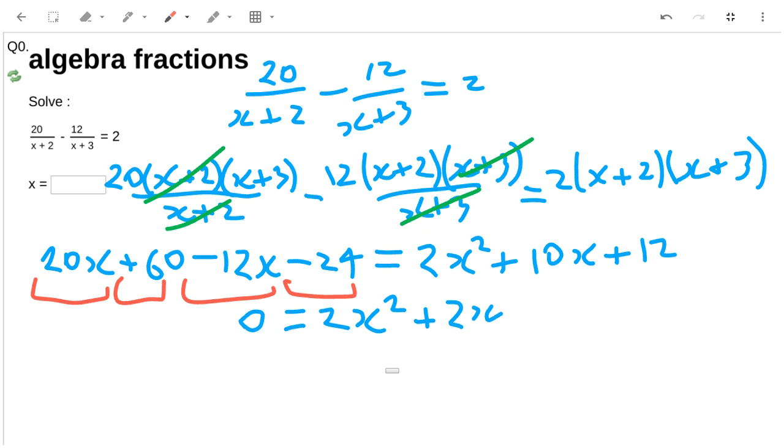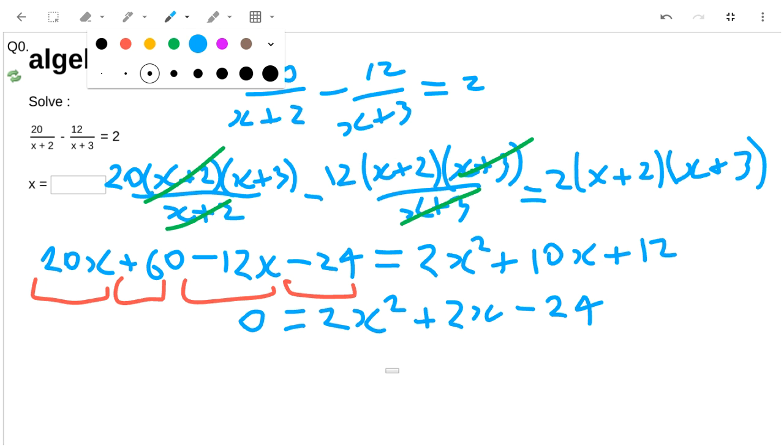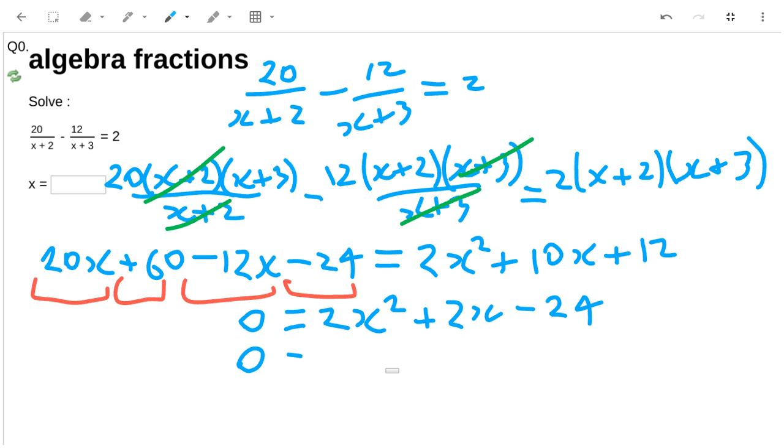So I need to subtract 36 from the right hand side, which is going to give me minus 24. Divide that whole thing by 2. So I'm just going to write it underneath, divided by 2. So 0 equals x squared plus x minus 12.